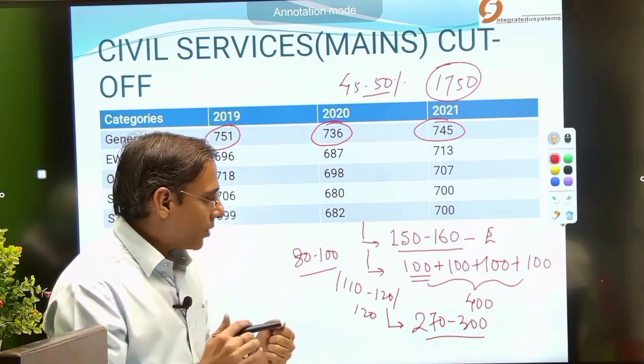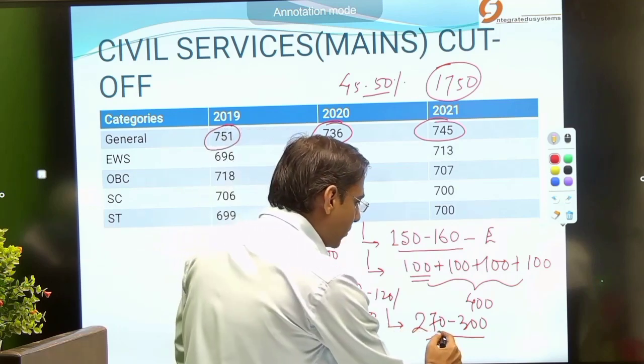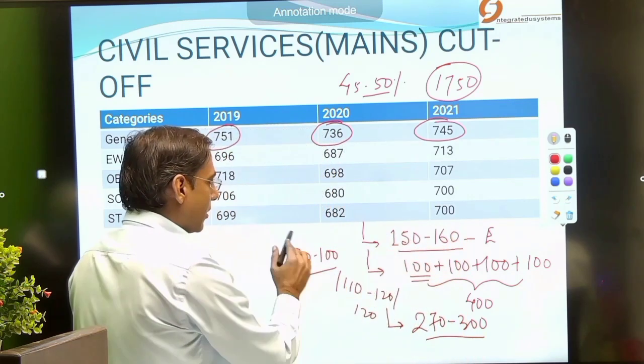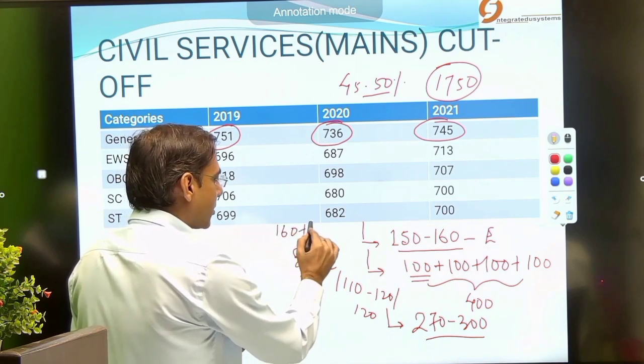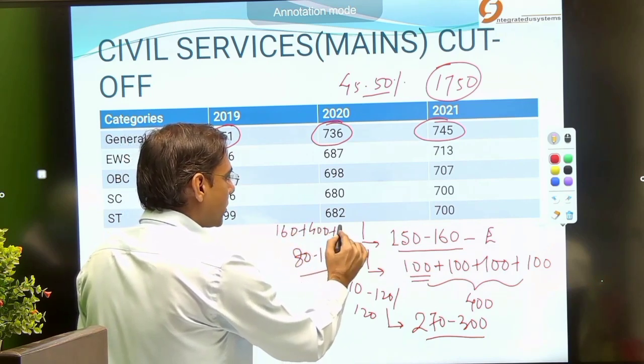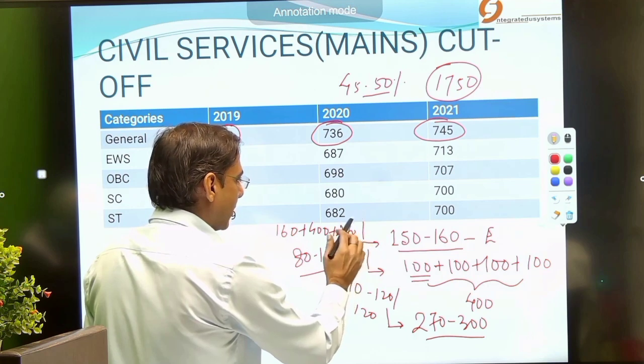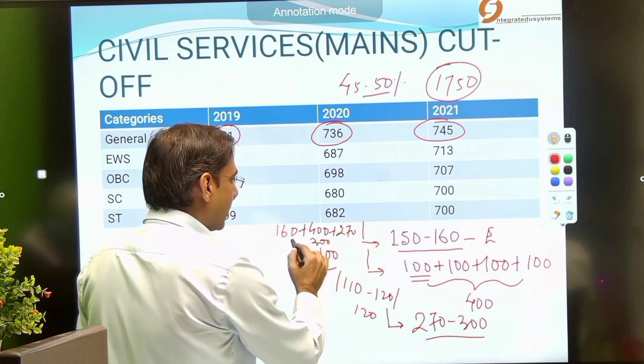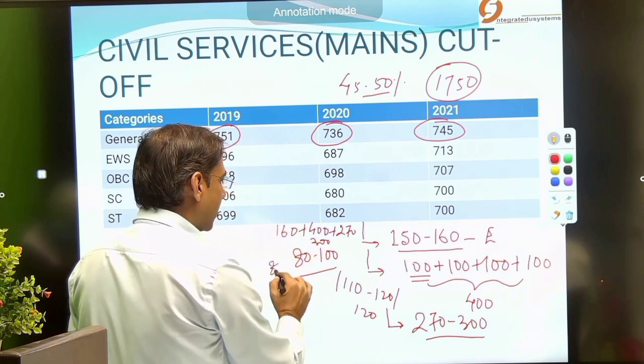So what I would like to suggest, if you achieve 270 to 300, so if you take 160 plus 400 plus 270, or 300 as a whole, that is 700, plus 160, 860.